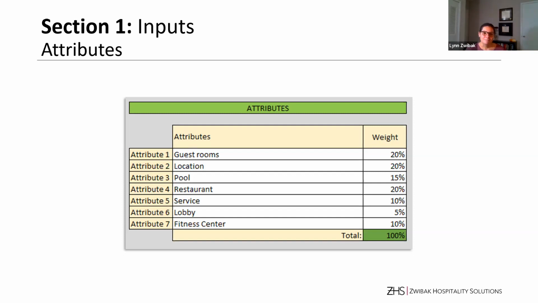So again, think through this, but don't worry so much about the actual number. But like I said, they do need to add up to 100%. So if they don't, this percent total will show in red. When it equals 100, it'll turn green. Okay, so guest rooms, lobby. Are there any questions about the weight? Okay.